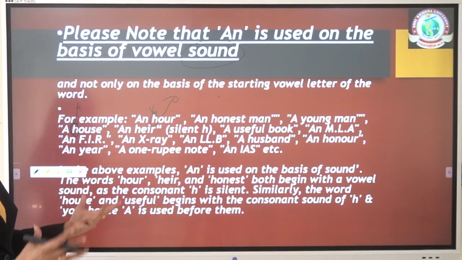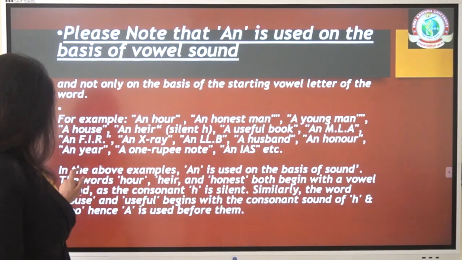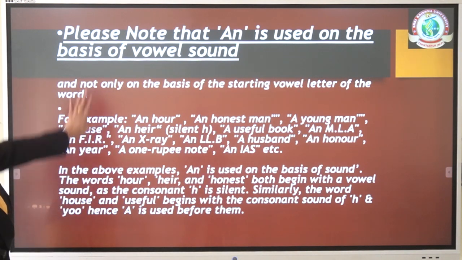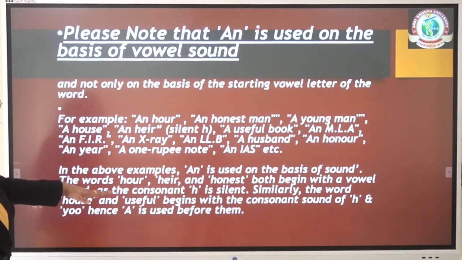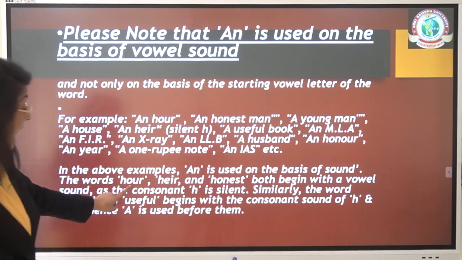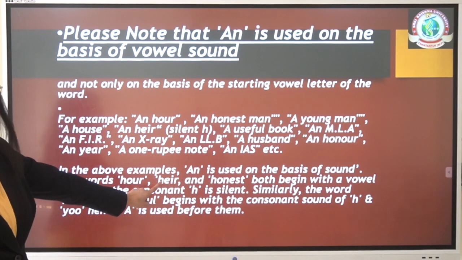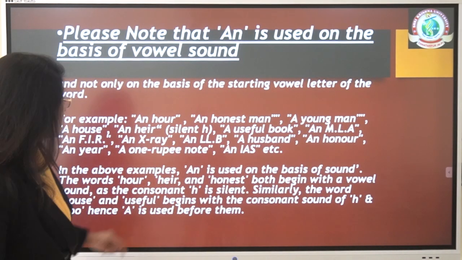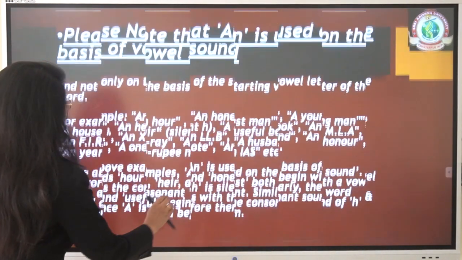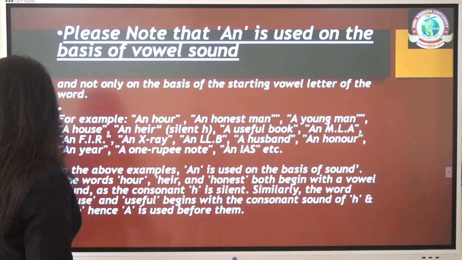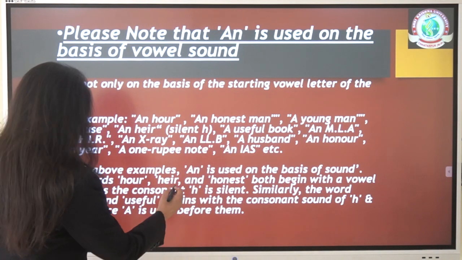Similarly, the sound works with the definite articles also. So here, in the above examples, AN is used on the basis of the sound: the word hour, an hour, air. It's not pronounced as hair, it's pronounced as air. Here H is silent. As I said, H is silent.